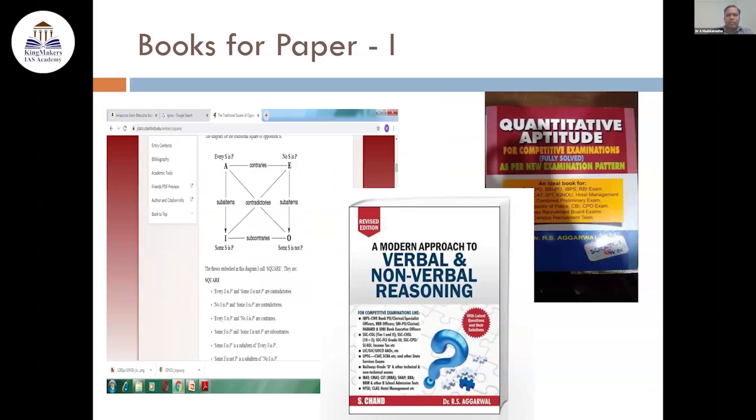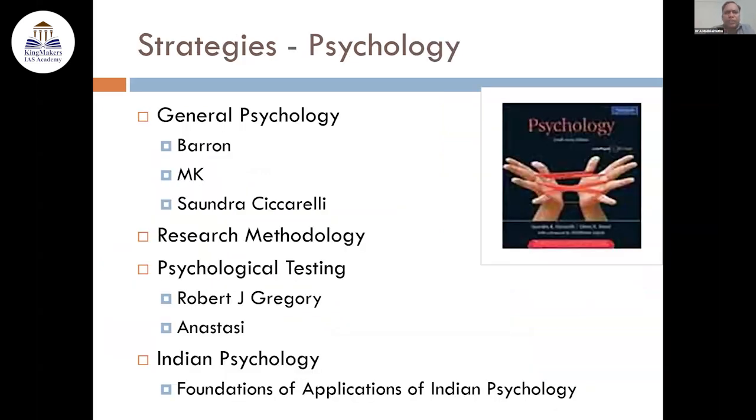And otherwise, what are the books to be referred to for your overall preparation? I think Arun sir will cover almost what has to be done from various books as well as from other extra sources. But one suggestion is to stick to one basic book, either Baron or Ciccarelli, so that you can revise multiple times, at least 10 times.